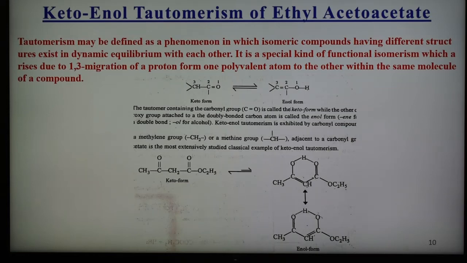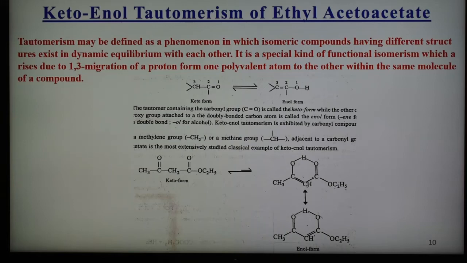Keto means a CO group and enol means an OH group. The tautomer containing the carbonyl group is called the keto form, while the other, containing a hydroxyl group attached to a double bonded carbon atom, is called the enol form. Keto-enol tautomerism is exhibited by carbonyl compounds having either a methylene group or a methine group adjacent to the carbonyl group. Ethyl acetoacetate is an important compound, extensively studied, and an example of keto-enol tautomerism.